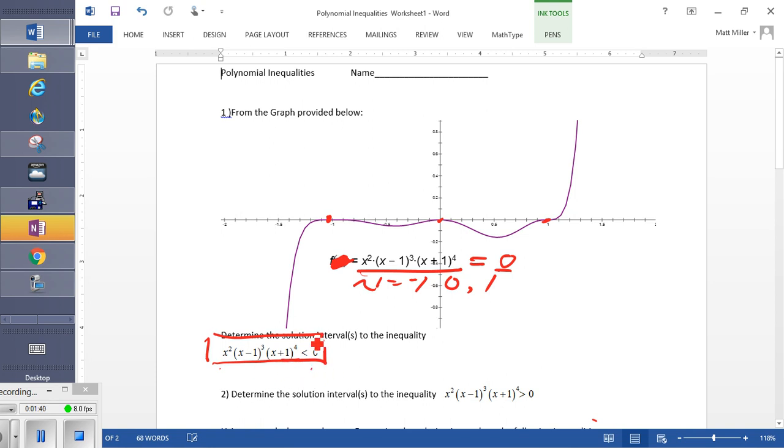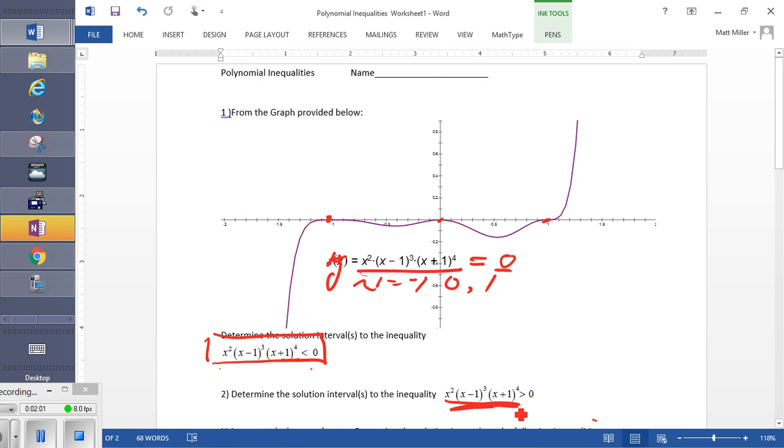The correlation is, when is it below the axis? When is the graph of this function, again, it is a function, but we've not defined that, but we can certainly just refer to that as y for now. So when is that graph below the axis?